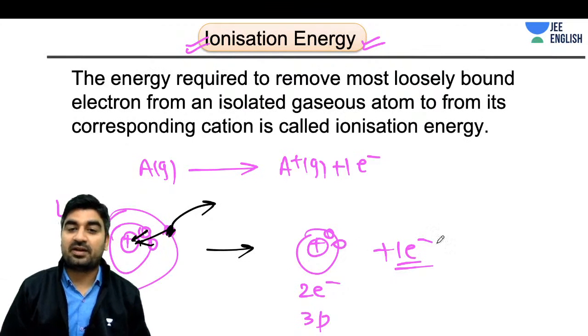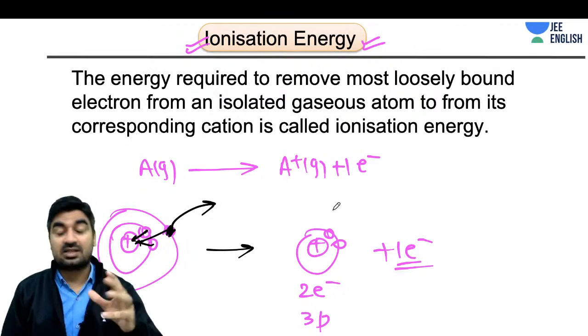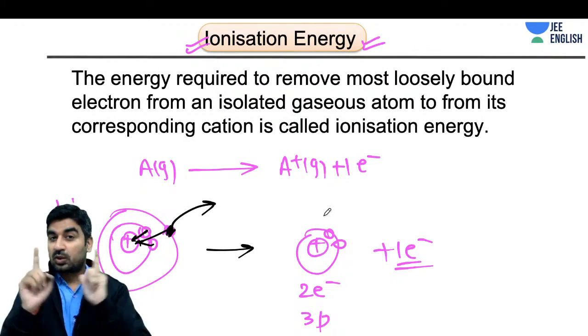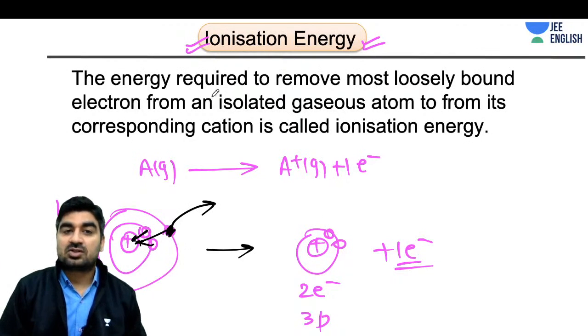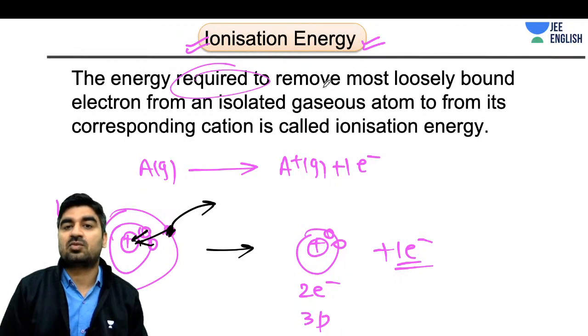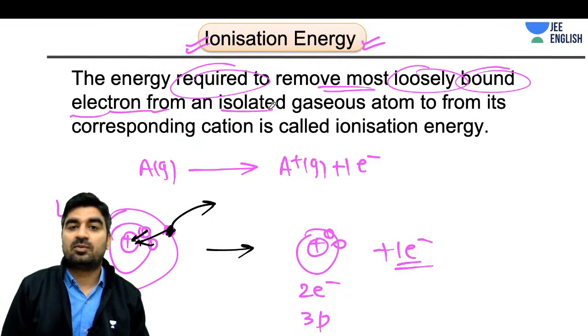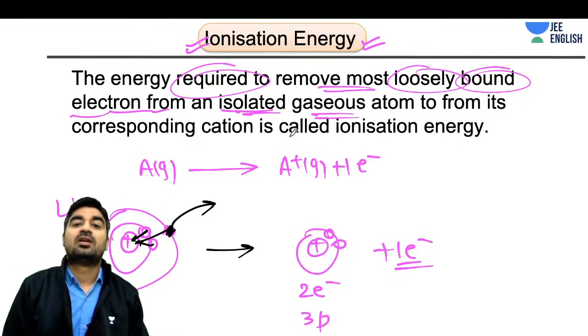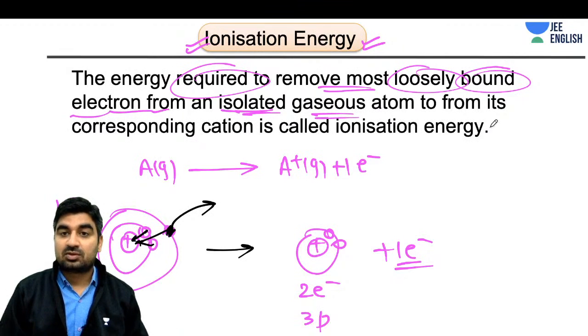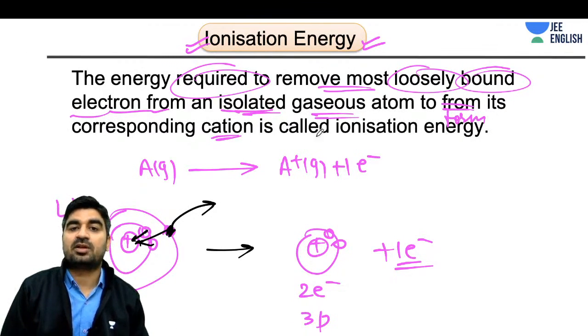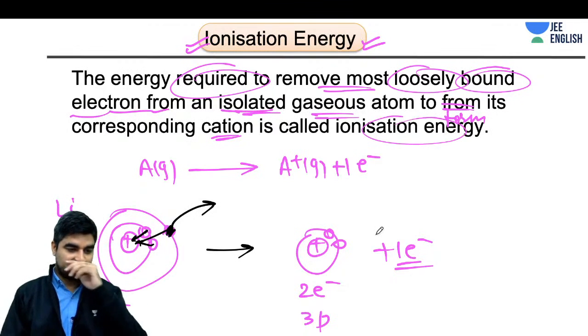And in order to provide energy, I will call this energy as ionization energy. So what is ionization energy? First of all, this is the amount of energy required to remove the most loosely bound electron from an isolated gaseous atom to form its corresponding cation, and it is called ionization energy.